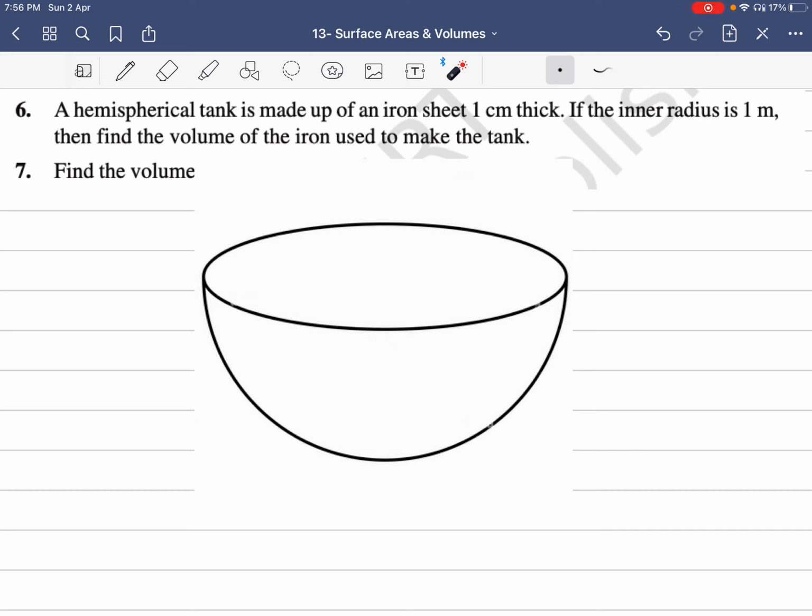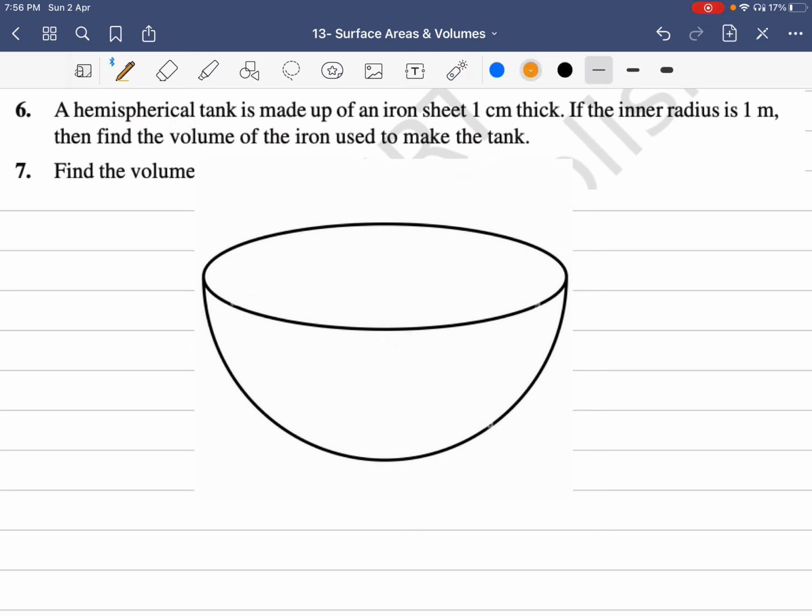First of all, let's try to understand the situation that is given to us in a diagrammatic format. It's a little bit tricky, and you have to extend your imagination to visualize the actual figure of this hemispherical tank. The hemispherical tank is made up of iron sheet which is 1 centimeter thick.